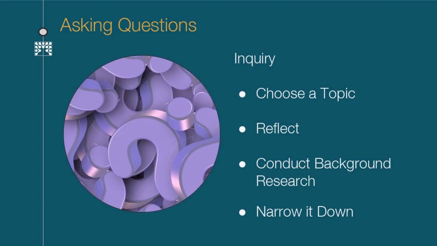And then they can reflect on what they already know about that topic and what they want to find out. And then they can start doing some background research using sources that provide general information like encyclopedias or periodicals or a simple Google search. Then they can narrow it down based on what they learn from that background research and what kind of information they're finding is available to them.